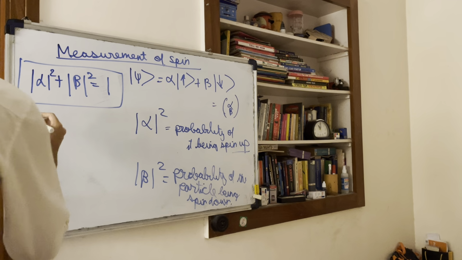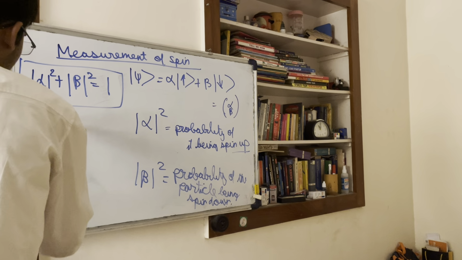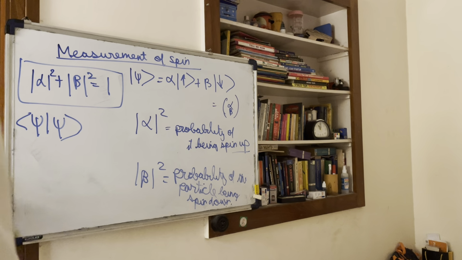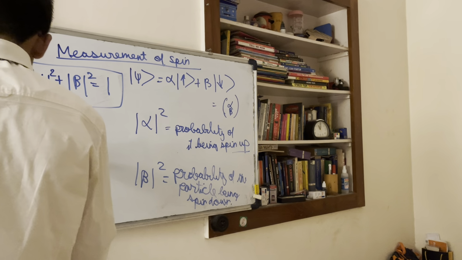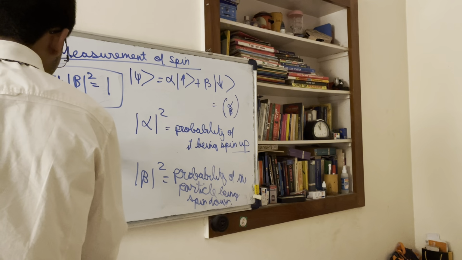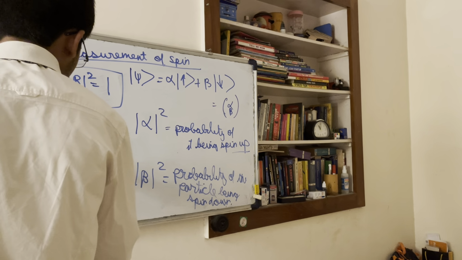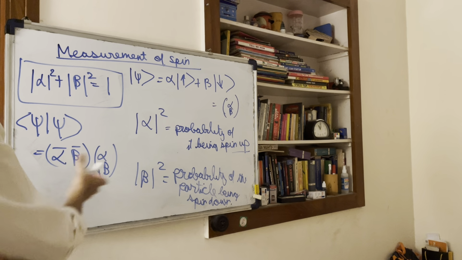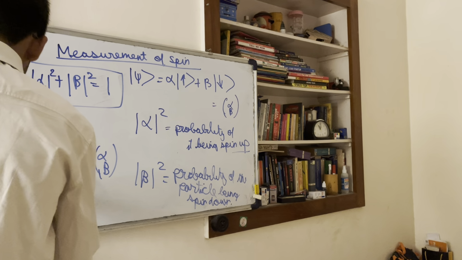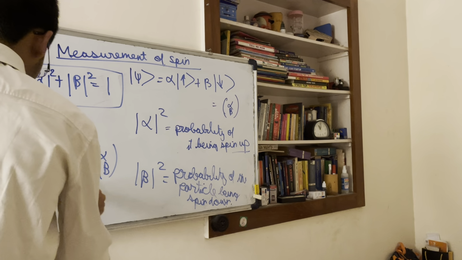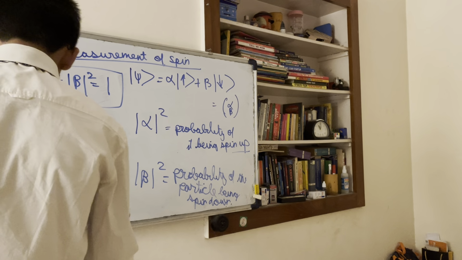And so we can say that the inner product of psi with psi equals alpha conjugate, beta conjugate, times alpha, beta, the dual vector times the vector, which will be alpha conjugate alpha plus beta conjugate beta.